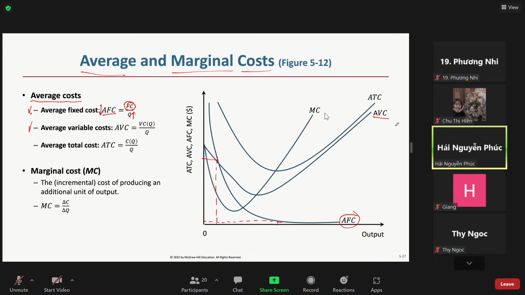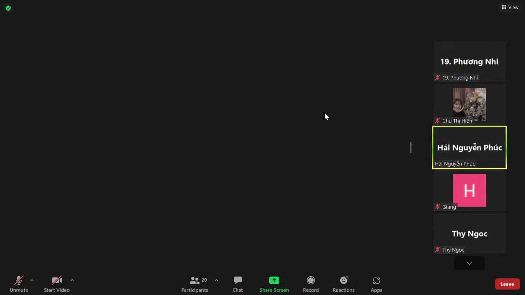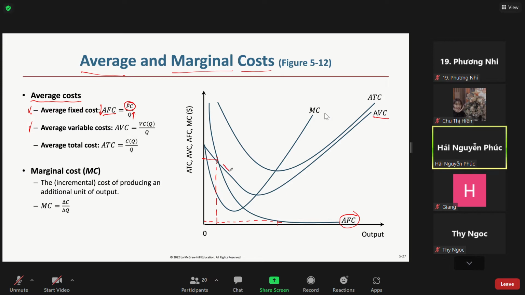Here's AVC, and you will find that it has the following shape. Initially, it tends to decrease when the output increases. At some point, at this point, it starts to increase when we increase the output. Right? So what does it mean?